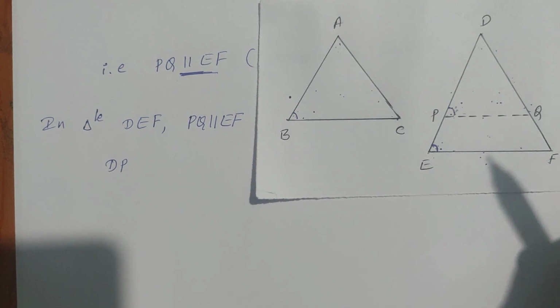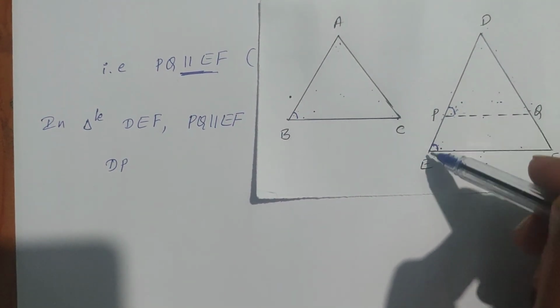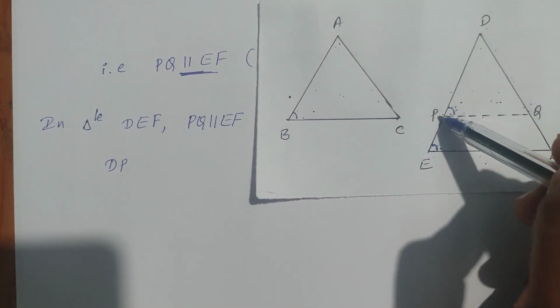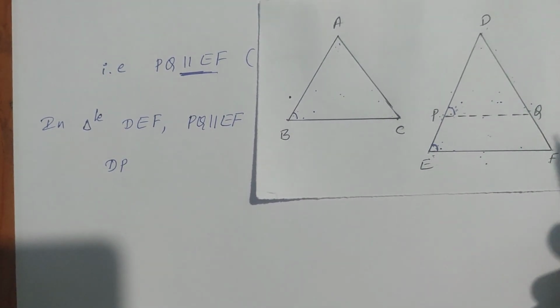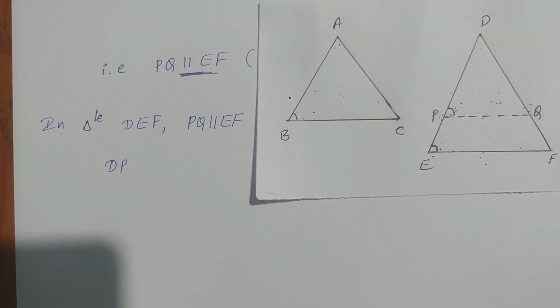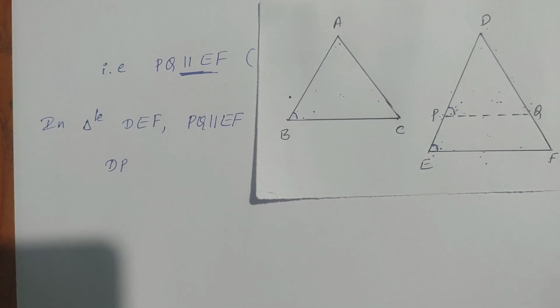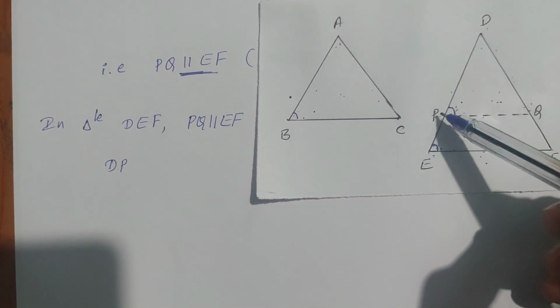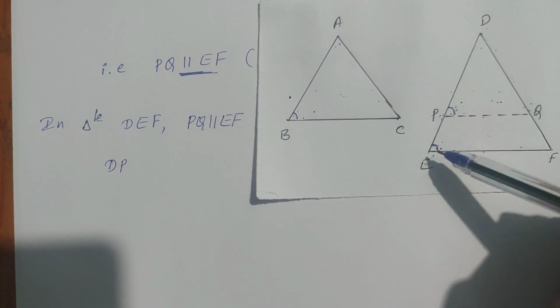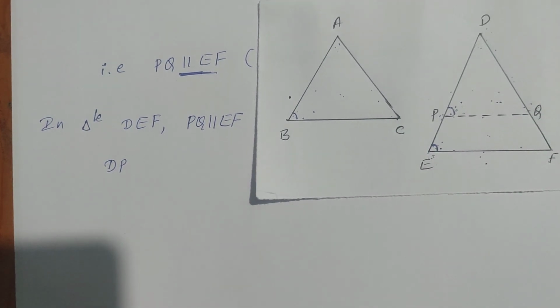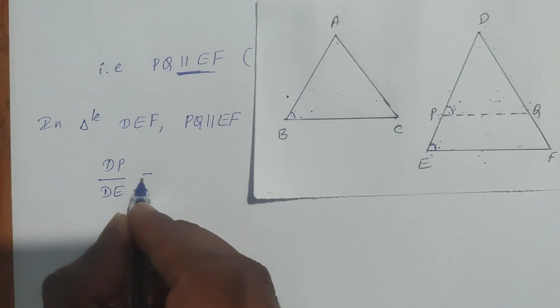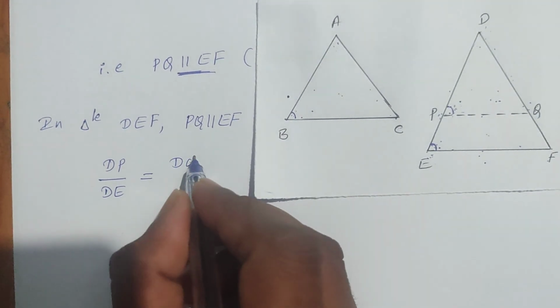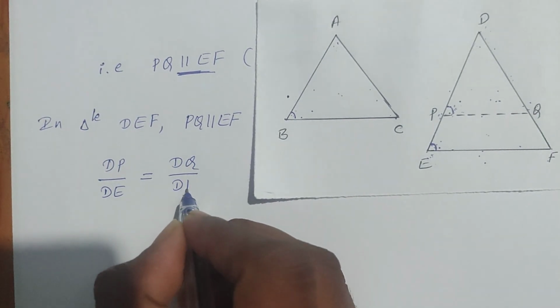But I will not take DP by PE. I will take DP by DE. In the previous video I explained example 1, so you can go through that. I can write DP by DE, which is the same as BPT: DP divided by DE is equal to DQ divided by DF.